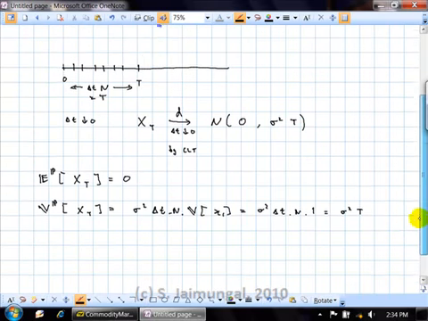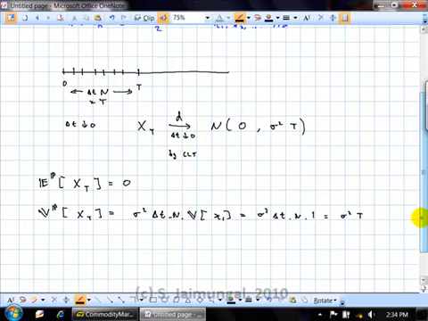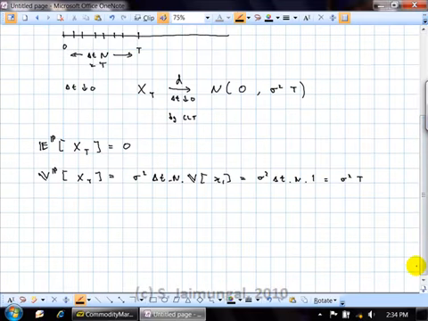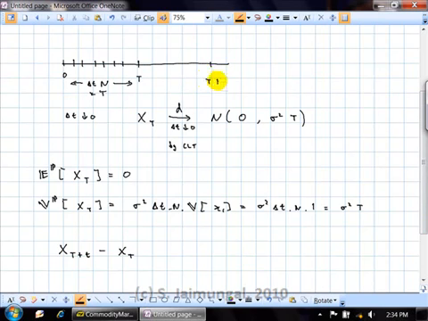Okay. Now, so we've got that. And then suppose I asked you to tell me about the distribution of the increment of x from two points in time. So let's say x at t plus little t minus x at capital T. So I'm going to put another point in time here.